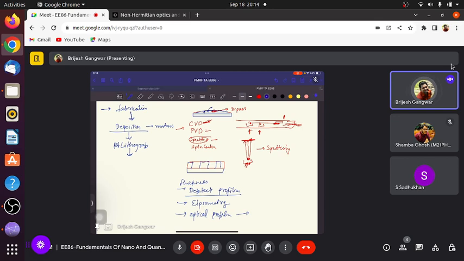Optical profilometer works on an interference basis, like one reference plane is there, and this is your plane to measure. Light comes and reflects back from here, and also the light comes on this substrate, and whatever fringes form, from the difference between these two surface morphologies, you can calculate the roughness and the thickness.